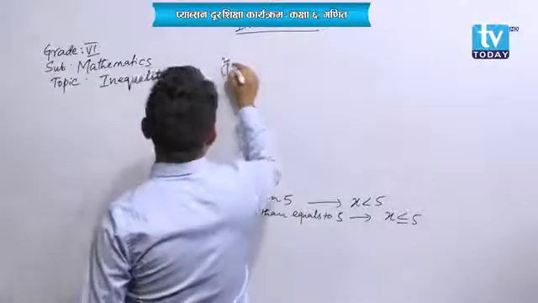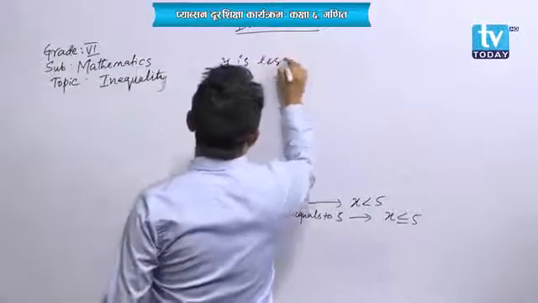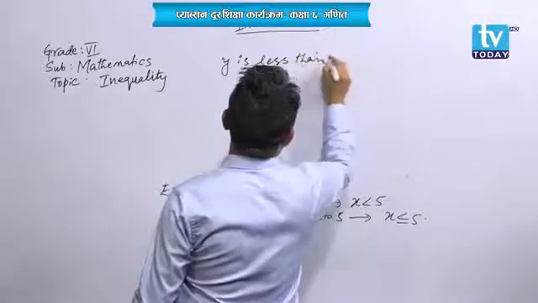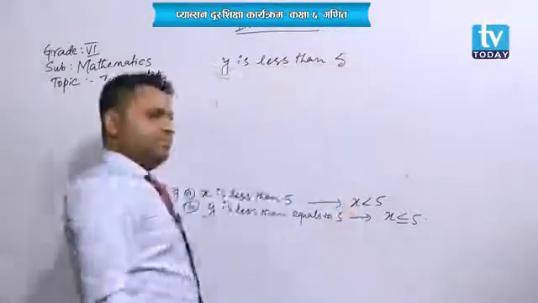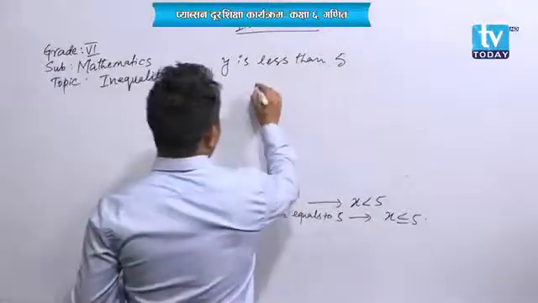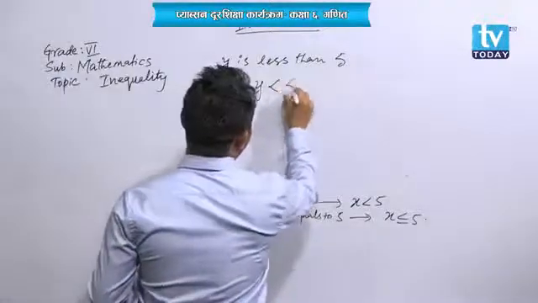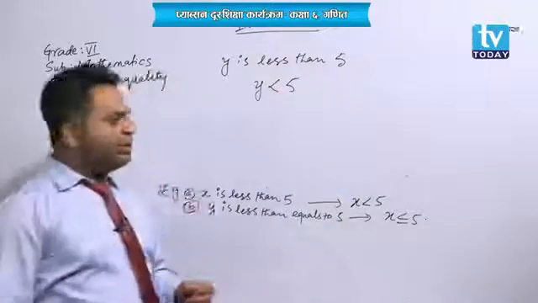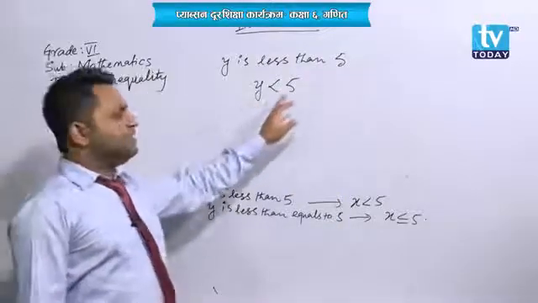Suppose y is less than 5. Symbolically, how to represent it? Please see here. Y is less than 5. Symbolically, you can write the value of y is less than 5.